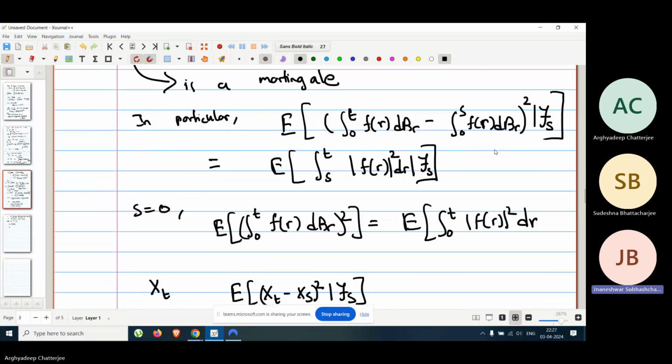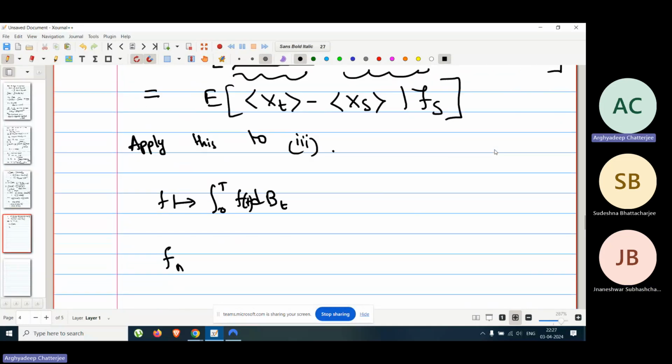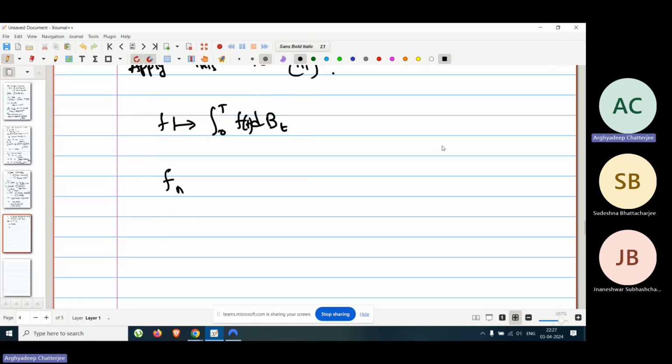It works for the fn's. If the fn's approximate f, we need to show that it works for the limit as well. So, proof of 2: fn minus f goes to 0 in L2 of lambda times the probability measure.